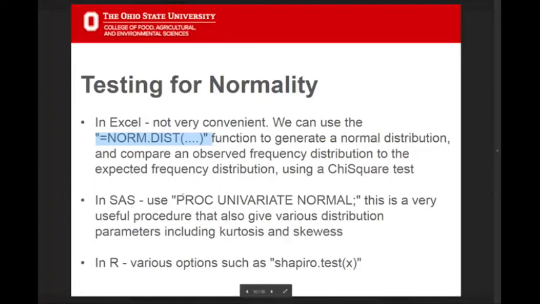In SAS, we can use PROC UNIVARIATE NORMAL. It's a very easy procedure. It quantitatively tells us if our sample from a population is normal. It also gives some other parameters, including kurtosis and skewness. R is typically a lot more conservative in terms of the type of output, and we can use the Shapiro test, which will give us a quantitative test of normality.